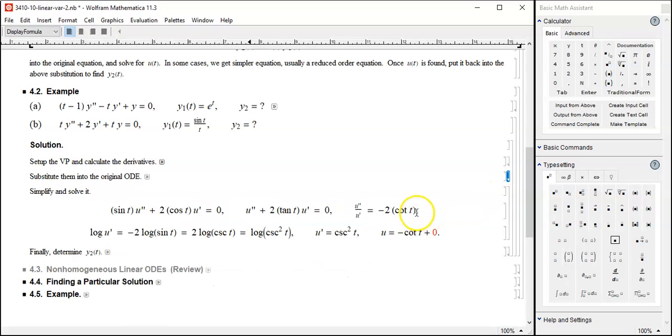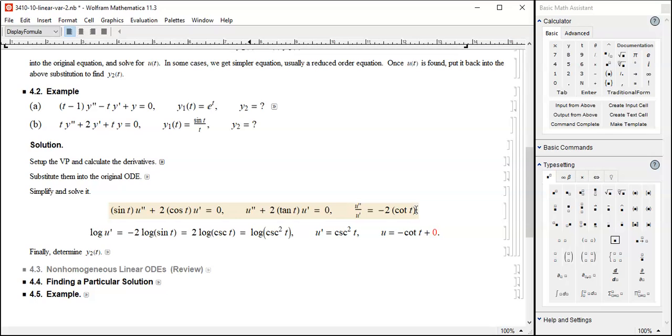And this time I decided to use the separation of variables. Yes, I could have used the integrating factor, but the right hand side is 0. In that case, I can use separation of variables. Besides, I used the integrating factor in the previous problem, so this time let me change around. Let's use separation of variables, and this is what you get.